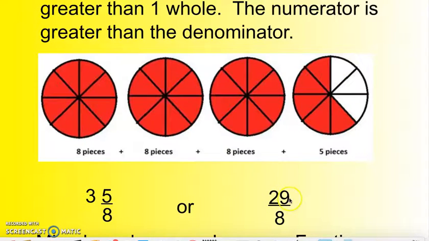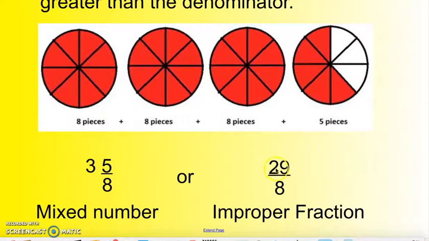So we have 29 pieces, 29 parts out of, notice one whole amount has 8 pieces. So it's 29 parts out of the whole amount, which was 8. Each one is 8. And so 29/8 is an example of an improper fraction.